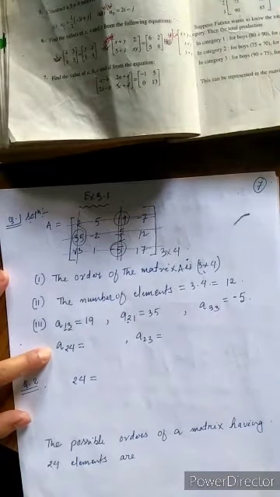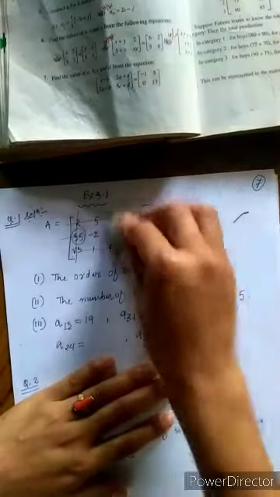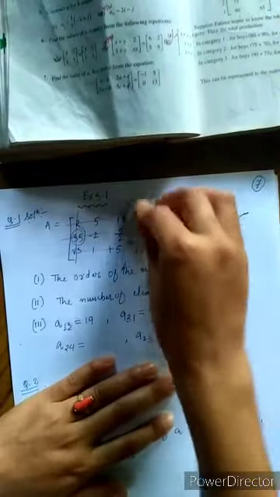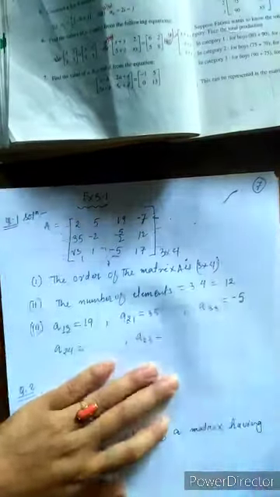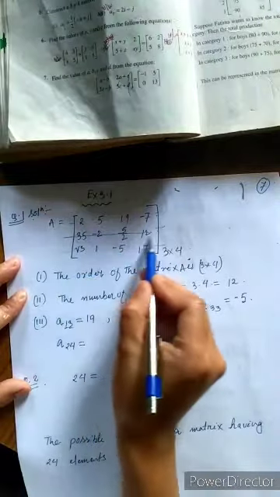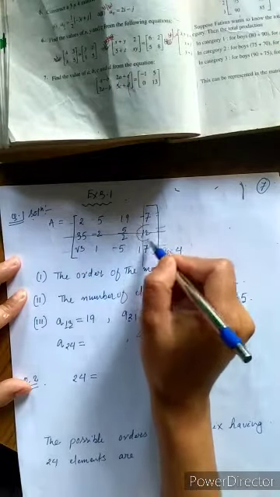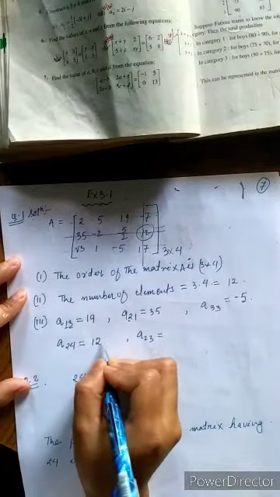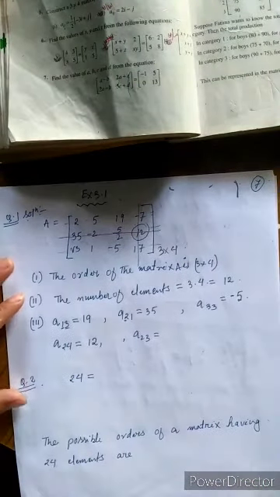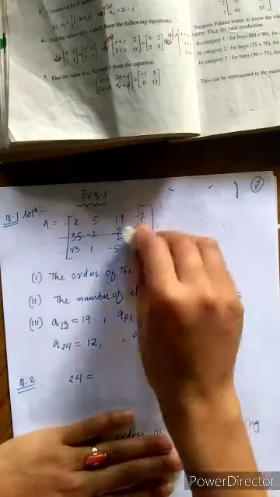Then find element A24. Element A24 is the element of the second row and fourth column. This intersection point is occupied by 12. Element A24 is equal to 12.